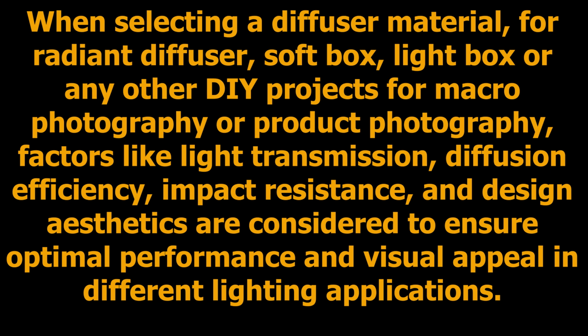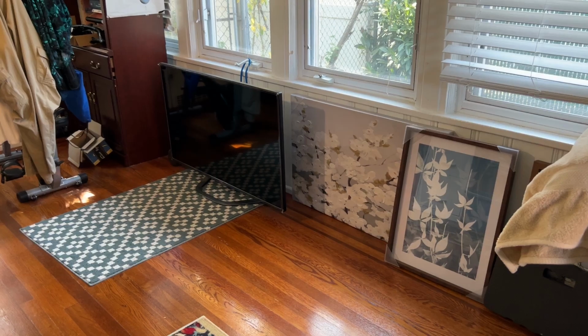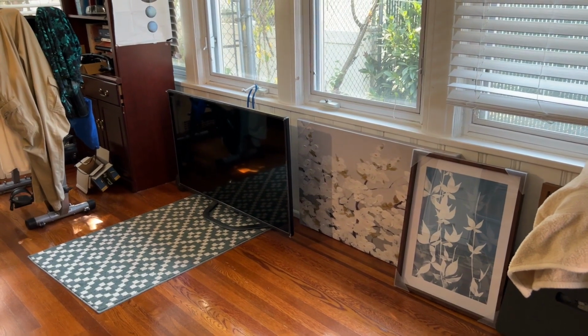When selecting a diffuser material for a radiant diffuser, softbox, lightbox, or any other DIY projects for macro photography or product photography, factors like light transmission, diffusion efficiency, impact resistance, and design aesthetics are considered to ensure optimal performance and visual appeal in different lighting applications.